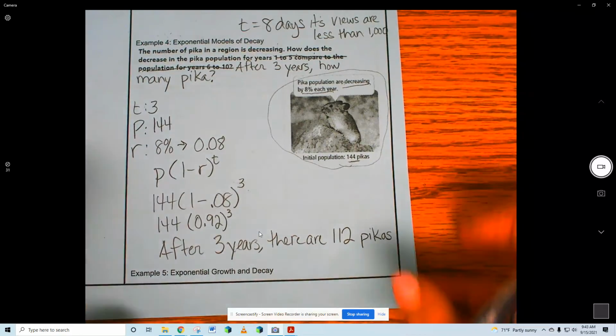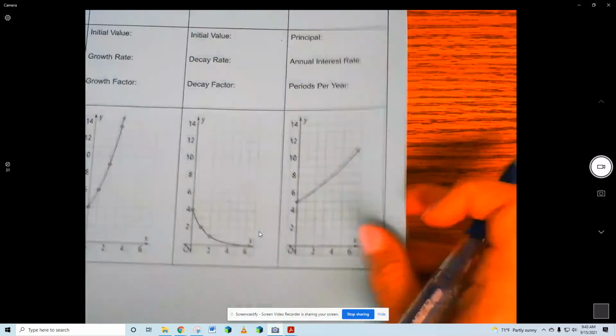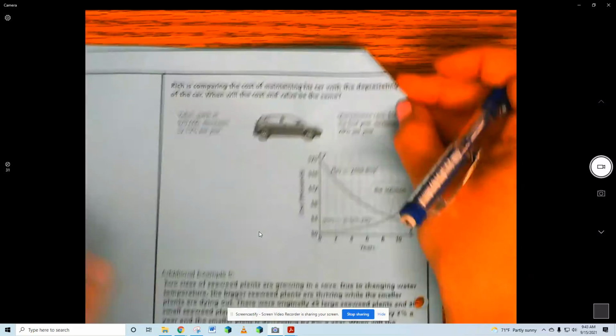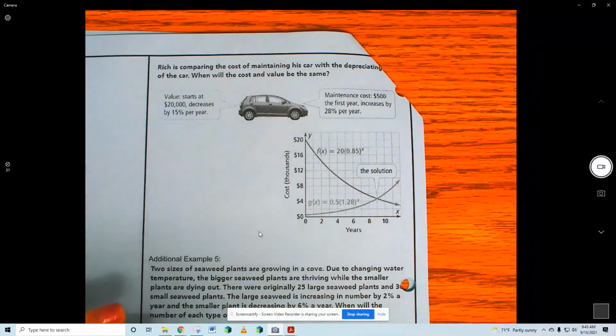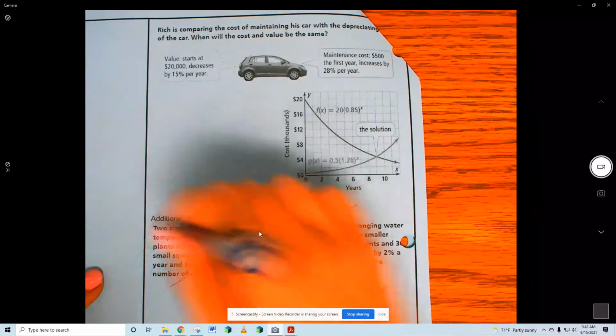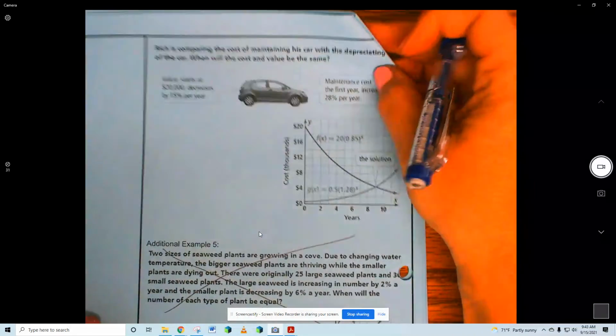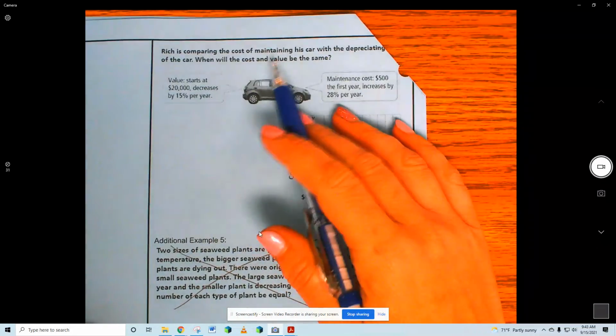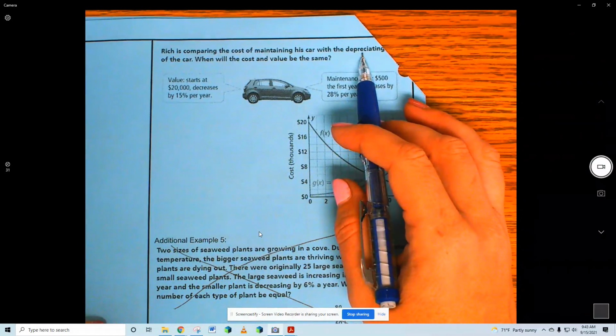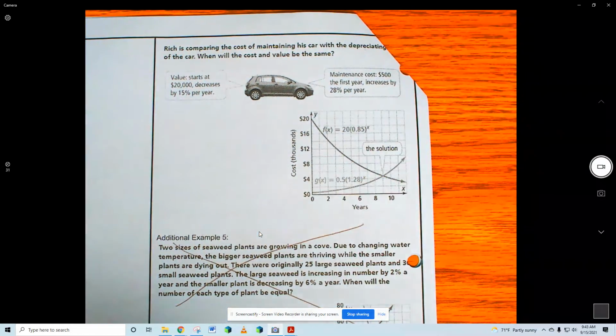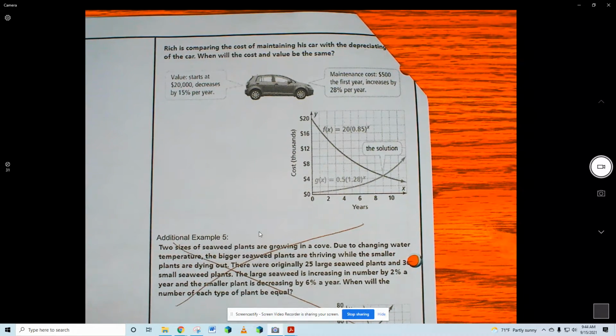All right, last one. It's on the back side. We are not doing example 5, so you can cross that one out. Rich is comparing the cost of maintaining his car. So you know how you buy a car, and after you buy the car, the value of it gets less and less each year because newer models of the car come out and people buy newer cars.